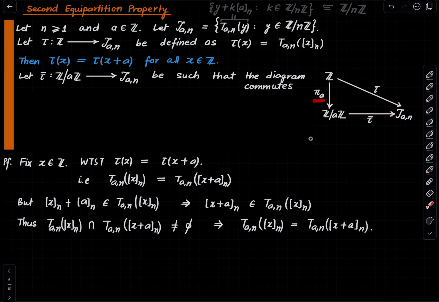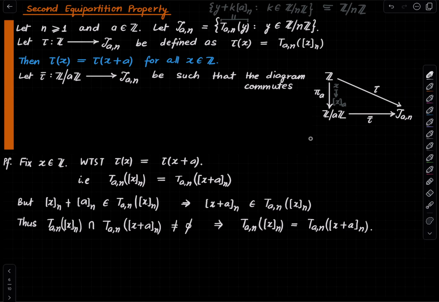So pi a is the natural projection. Maybe I'll write it for the umpteenth time. Right here, the remainder class is modulo a, not modulo n, modulo a. So the factoring property immediately leads to this map tau bar, making this diagram commute. And let me also complete one more thing about this diagram.